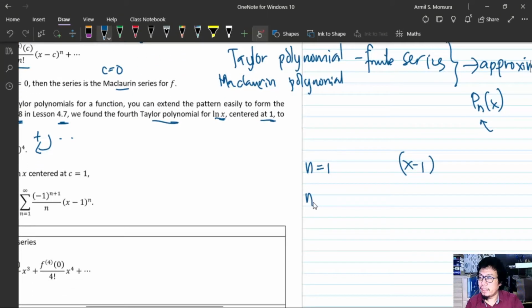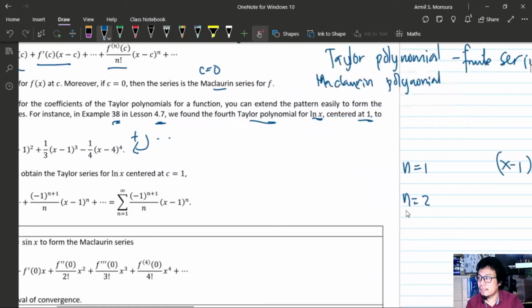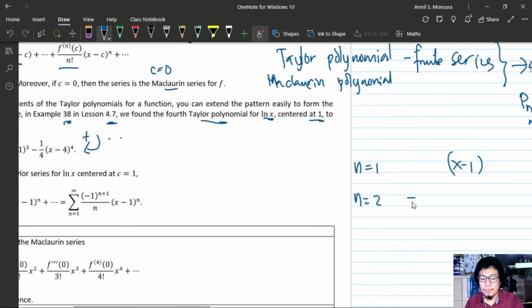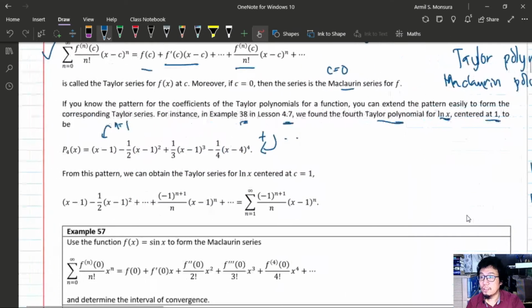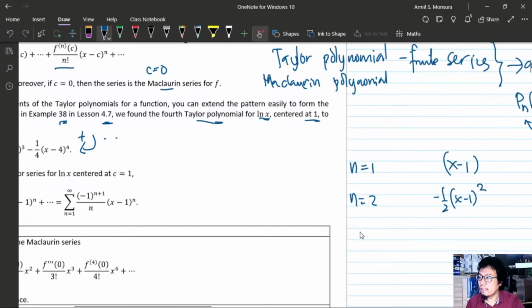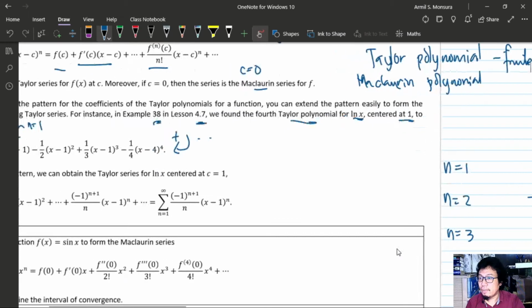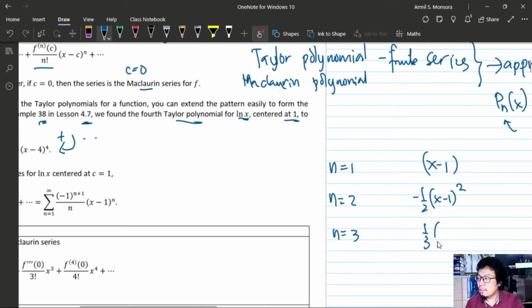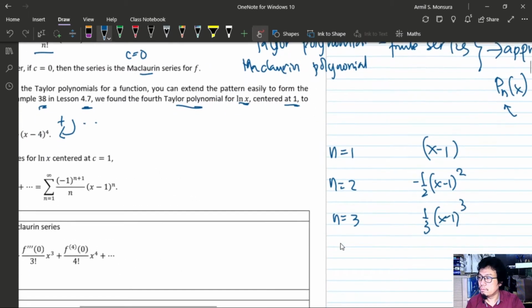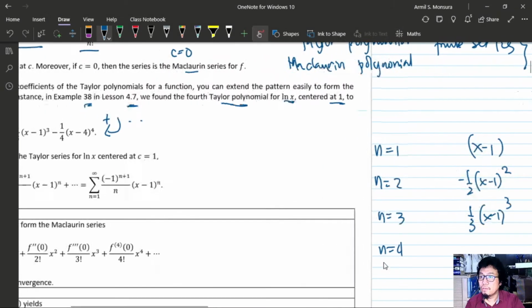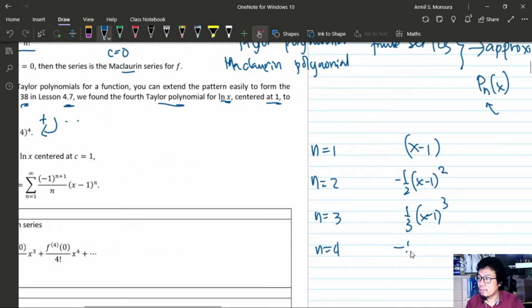When n equals 2, you have negative 1 half x minus 1 squared. When n equals 3, you have 1/3 x minus 1 cubed. And when n equals 4, you have negative 1/4 x minus 1 to the fourth.